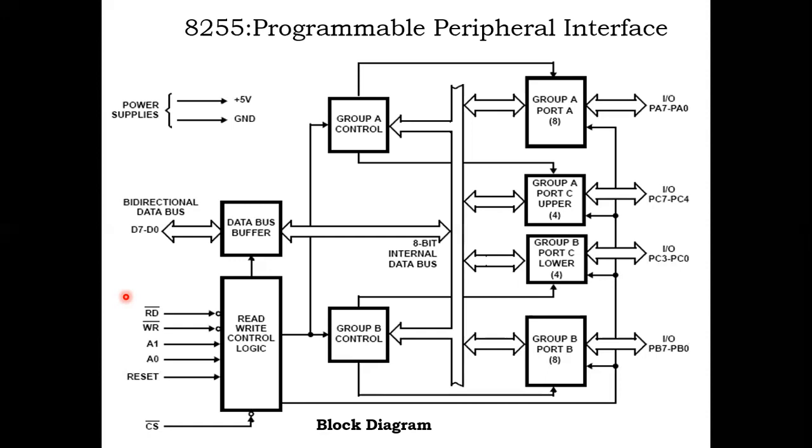Reset is for the reset operation. Then chip select, CS, enables the read write control logic. The power supply for the 8255 is given from the microprocessor, plus 5 volt, and ground is also given from the microprocessor. This is the basic internal architecture of 8255.